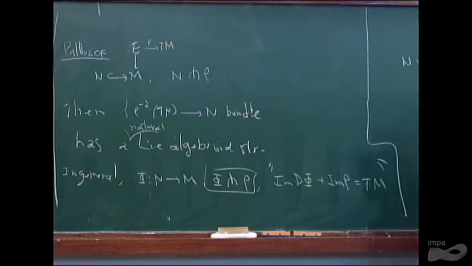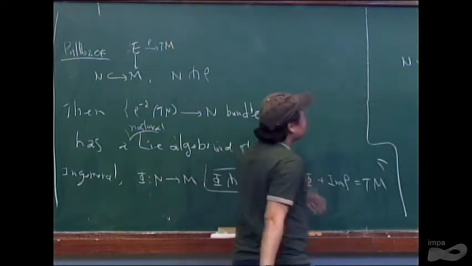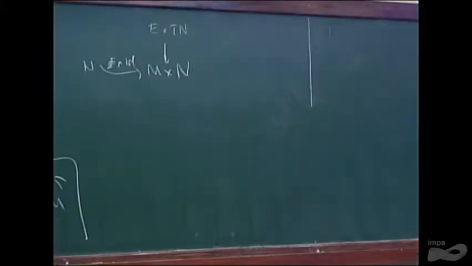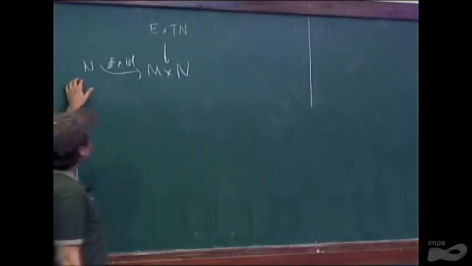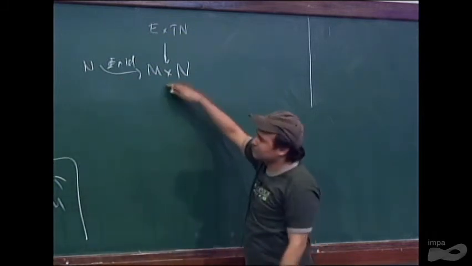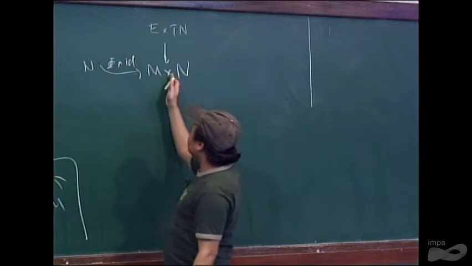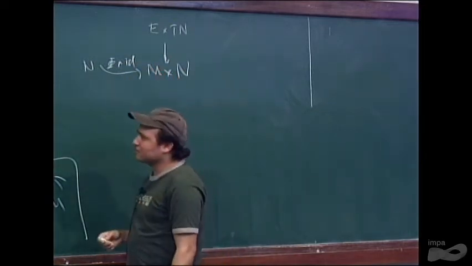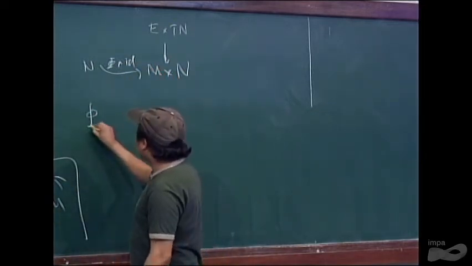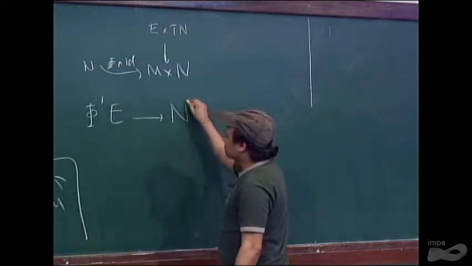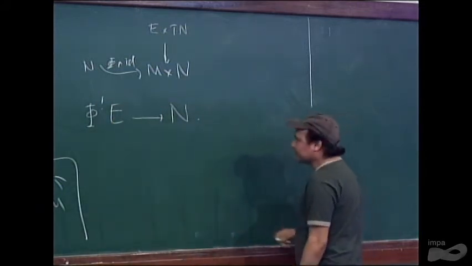There is a product between the algebroid structures, and it's possible to make this bundle also a Lie algebroid. Then this condition translates to this map being transverse, and the bundle that you obtain using this identification is what we call the pullback of E. This is going to be a bundle over N.